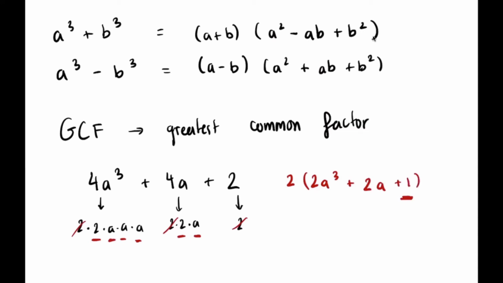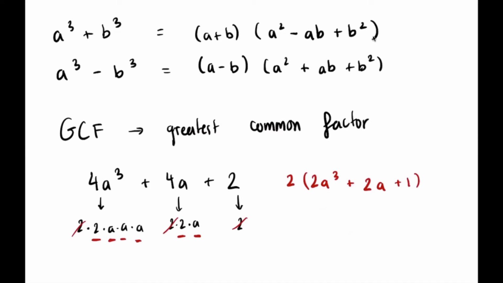You cannot just write nothing here, because look, if you use the distributive property to multiply this, it will be 4a cubed plus 4a. That's not the equation that we started off with here. It's not the same. So what we have to do instead is use 1.